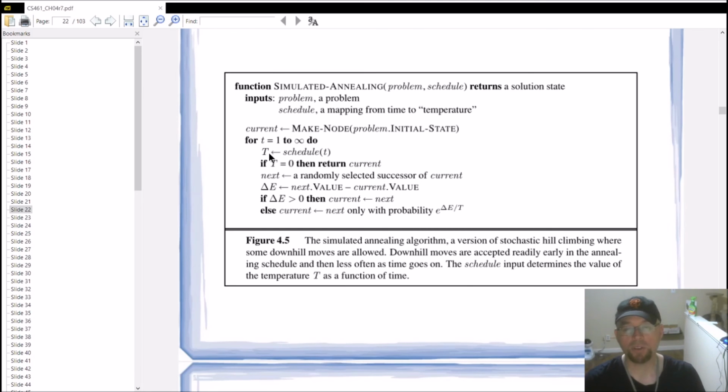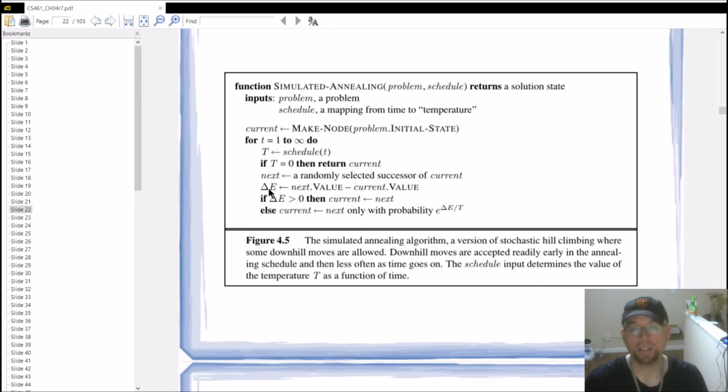You would define it. So as time passes, this T value varies. Eventually it's going to get smaller and smaller until it hits zero. Once it does, whatever the current node is, you're going to settle for that state. That's the one you're going to go with. Otherwise, randomly pick one of the successor nodes to become your current.